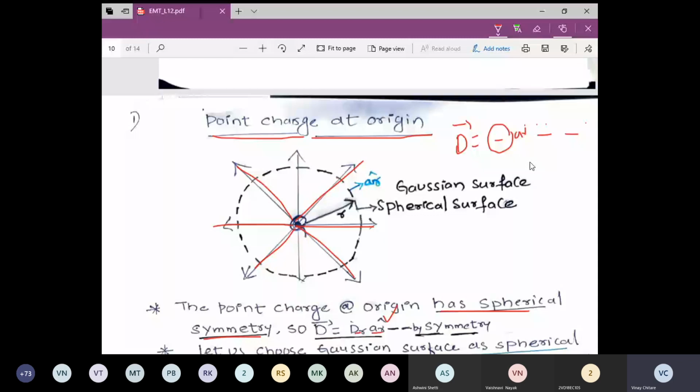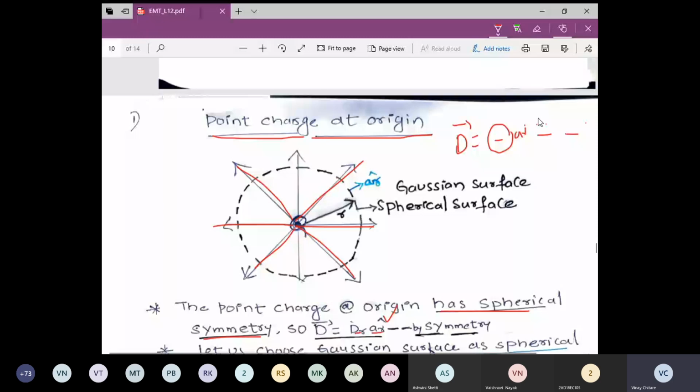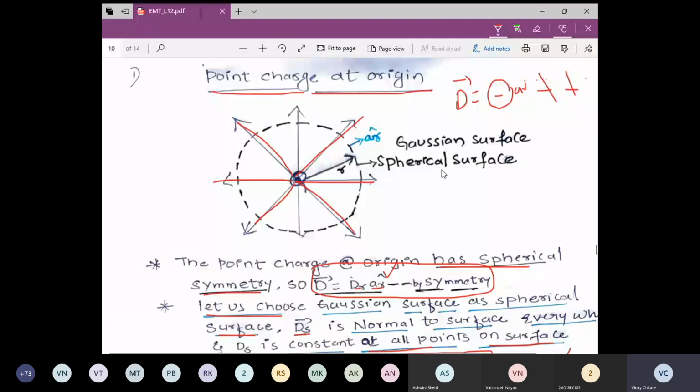In this given problem, it is obvious that D_theta and D_phi are not present. The only component present is D_r, and it is a function of r. Once you can identify the nature of D by the symmetry, we can choose a proper Gaussian surface.